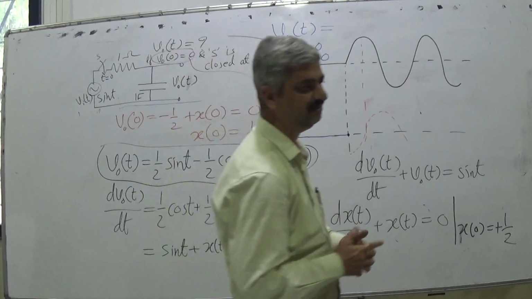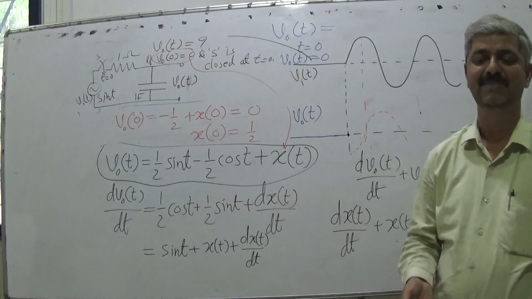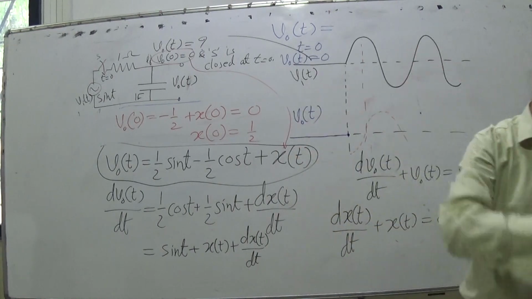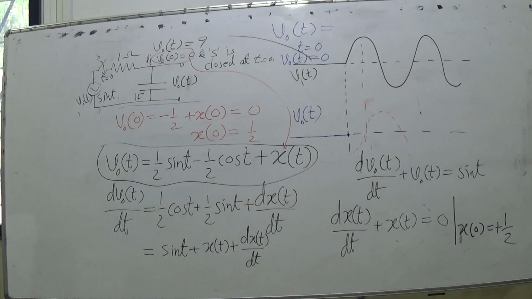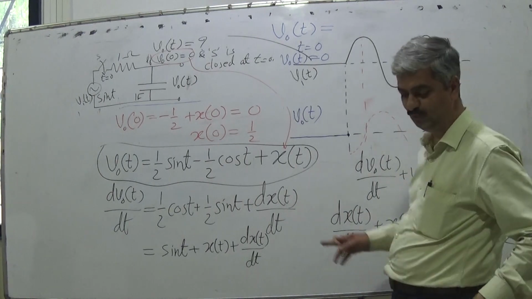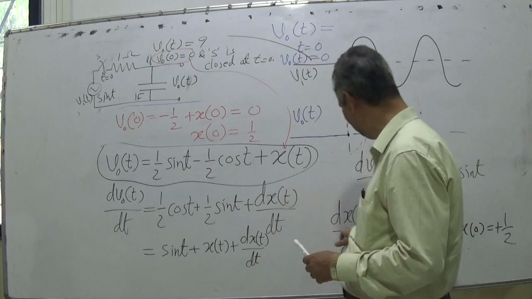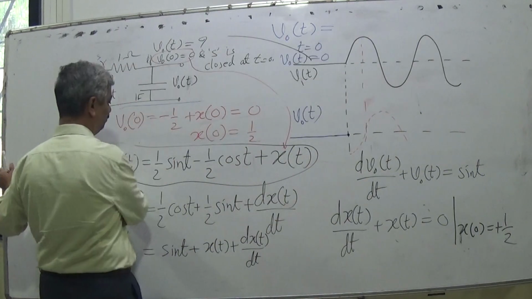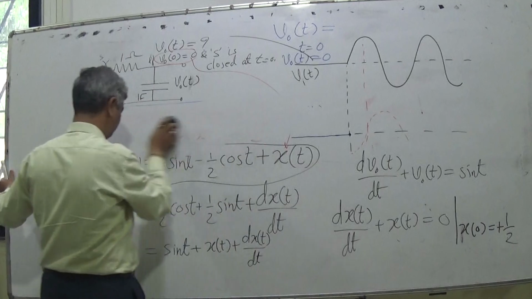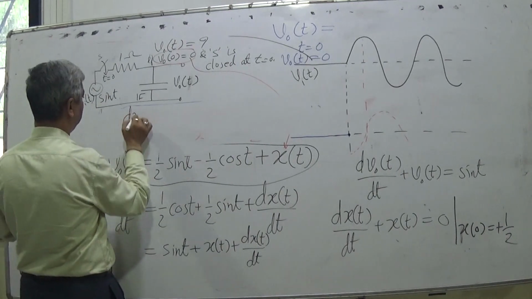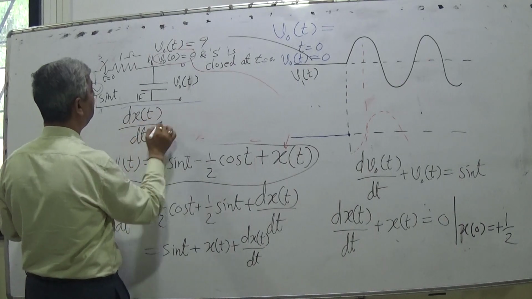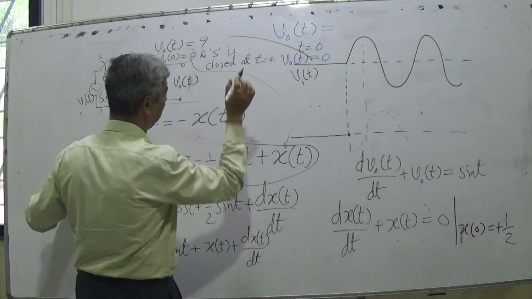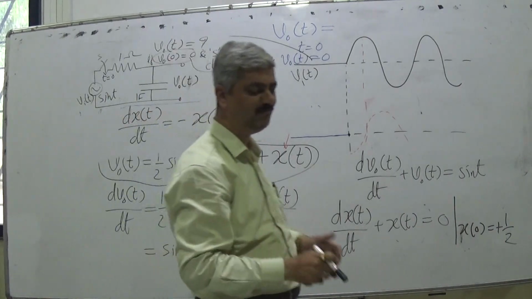Now what is the solution? dx(t) by dt plus x(t) is equal to 0, which means dx(t) by dt is minus x(t).